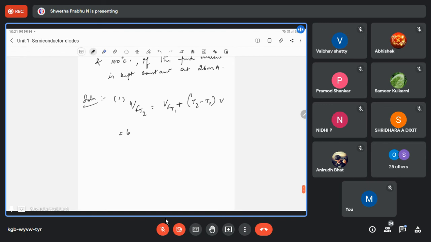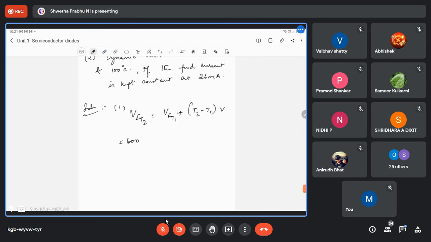So this is 0.6 volts. This is 0.6 plus T2 minus T1, that is 100 degrees Celsius minus 25 degrees Celsius.